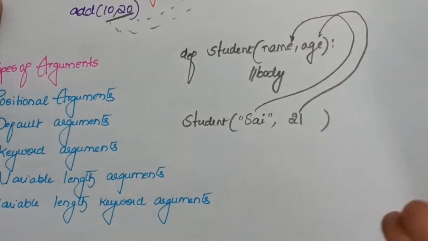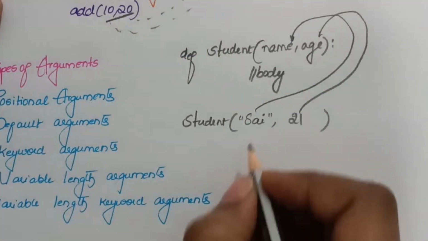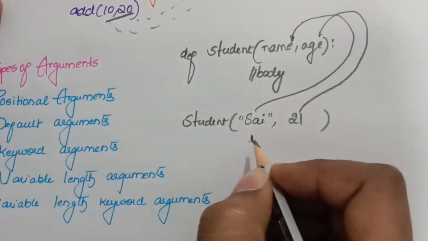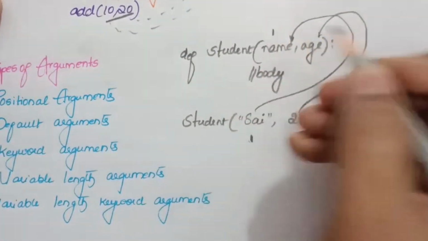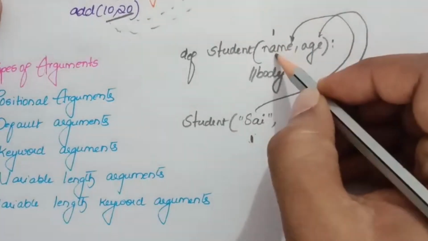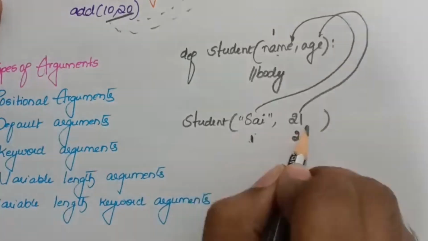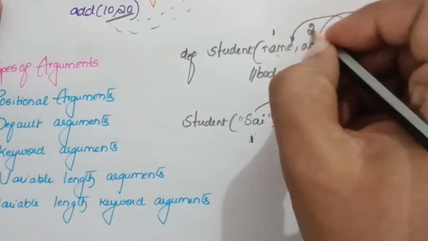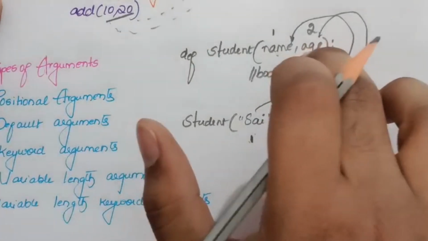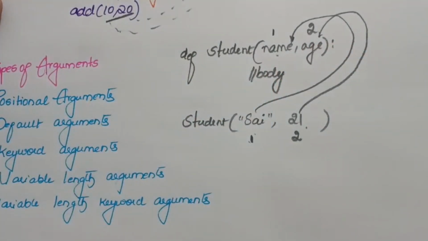Python assigns value to parameters based on their position. This is in the first position, so name is also in the first position. Sai will be stored in variable name. 21 is second value and age is the second value. This 21 will get stored in variable age.